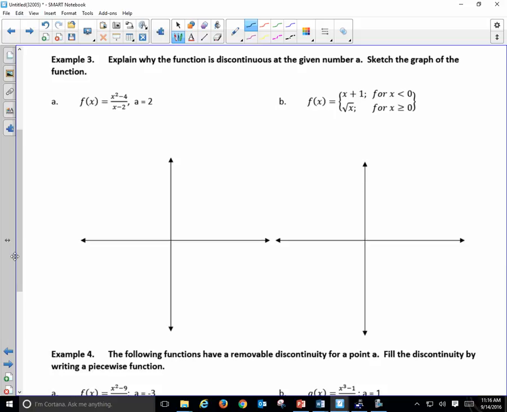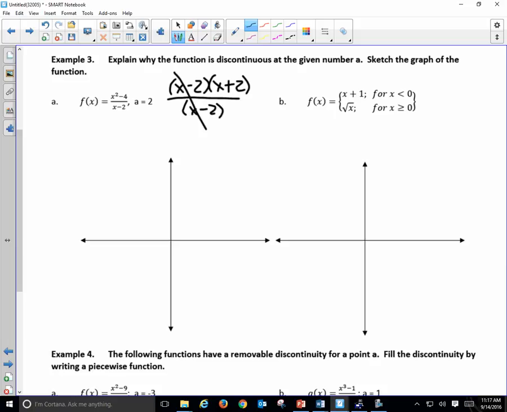Explain why the function is discontinuous at the given number a. Sketch a graph of the function. Look at this function. F of x is x squared minus 4 divided by x minus 2. If you remember, this function wants to look like x plus 2.